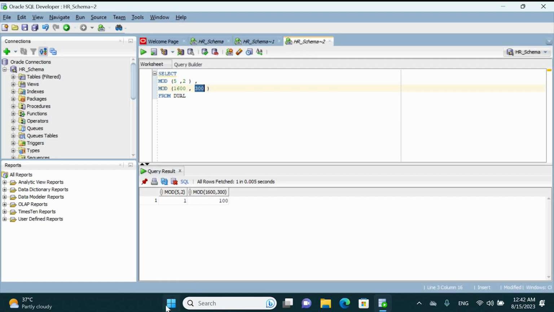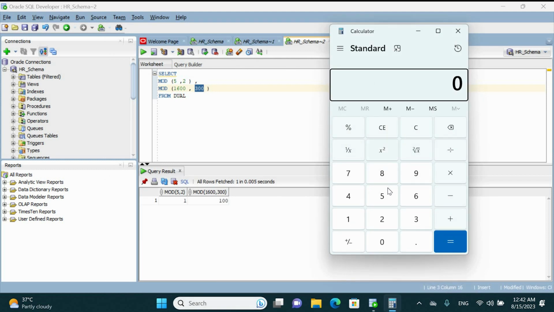Let's try this on a calculator here. Open this calculator, and we can say this 5 is 2 times the number 2. Say 5 minus 2, this is the first one, minus 2, this is the second one, this is the remaining number which cannot be divided further. Another example, 1600, this number contains 300 five times. Let's count it.